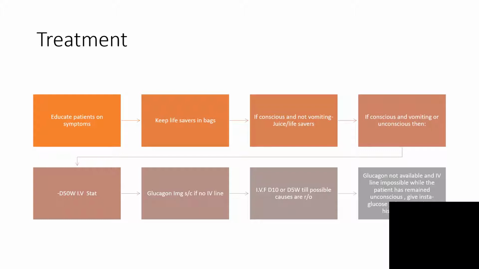Get D50 IV started. Or if that's not available or you can't get an IV line, get glucagon, 1 milligram subcutaneous. Then you maintain until the patient becomes conscious or could eat.